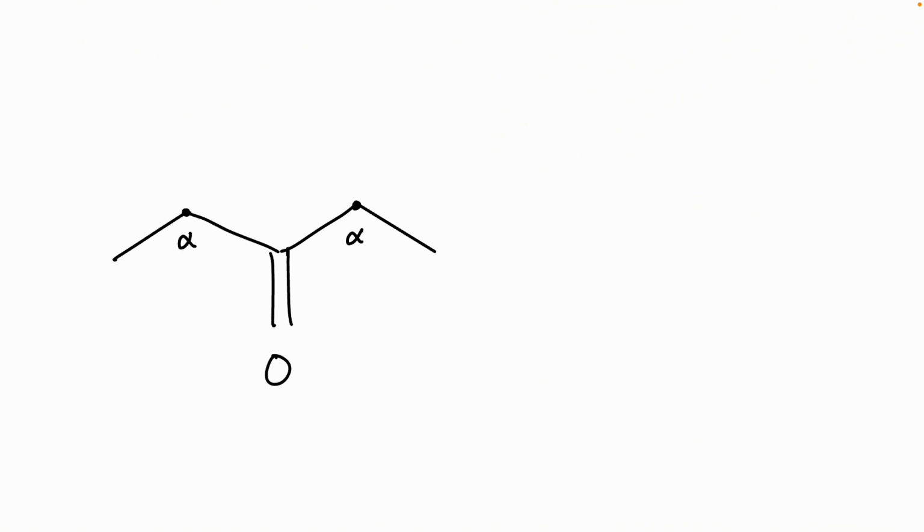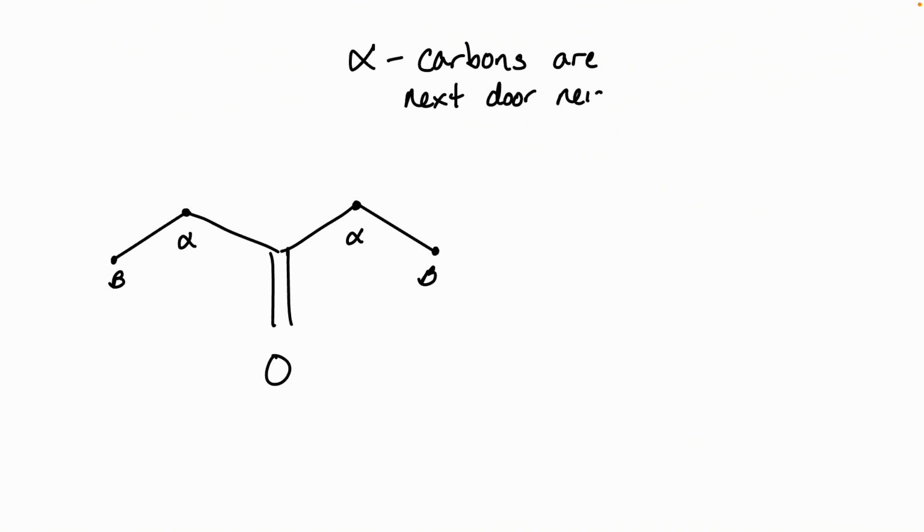The next one over, these are called beta carbons. If there were more, they'd be gamma, et cetera, right? So this Greek alphabet numbering system indicates how far these carbons are from that carbonyl carbon. So again, alpha carbons are the next door neighbors to our carbonyl carbons.